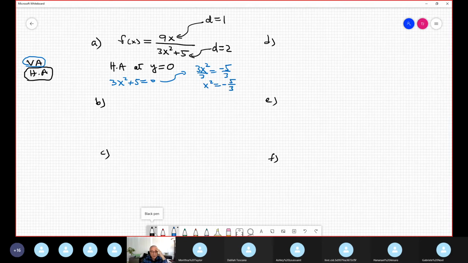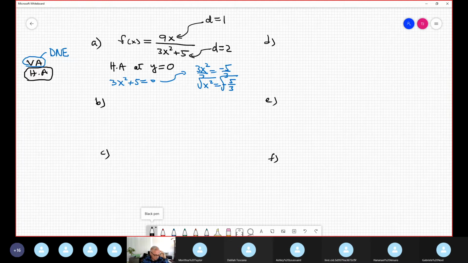And when you apply the square root, it's imaginary. Remember, when it's imaginary, you get complex numbers, so the solution does not exist. So basically, the vertical asymptote does not exist, and the horizontal, yes, at y equals 0. Any question, guys?